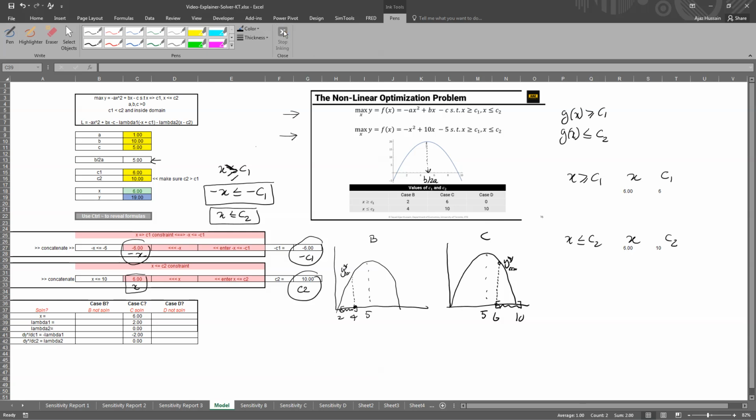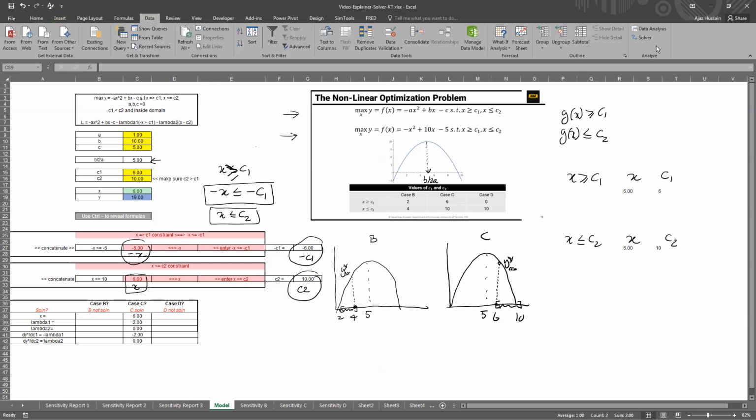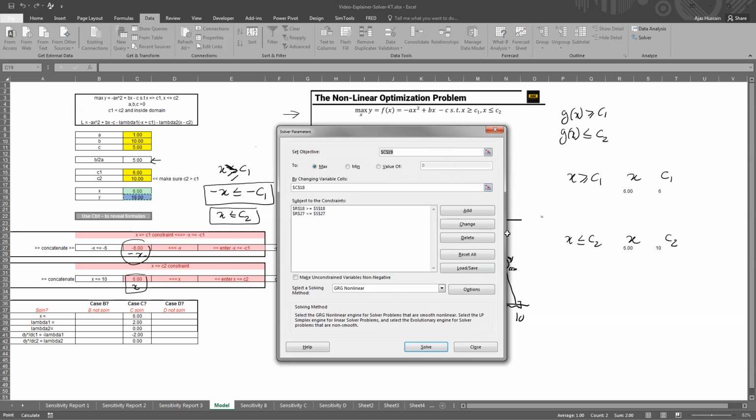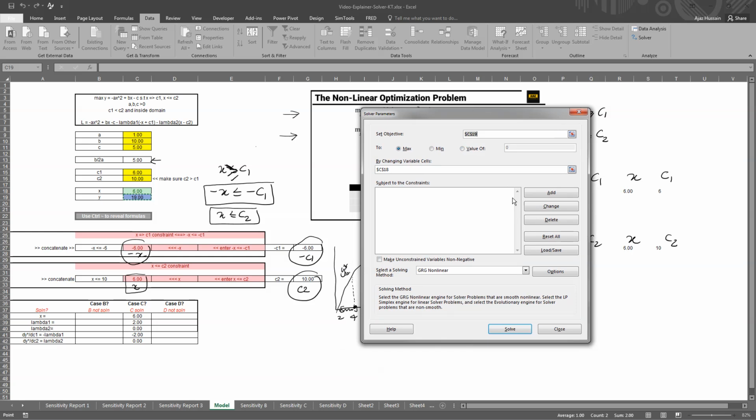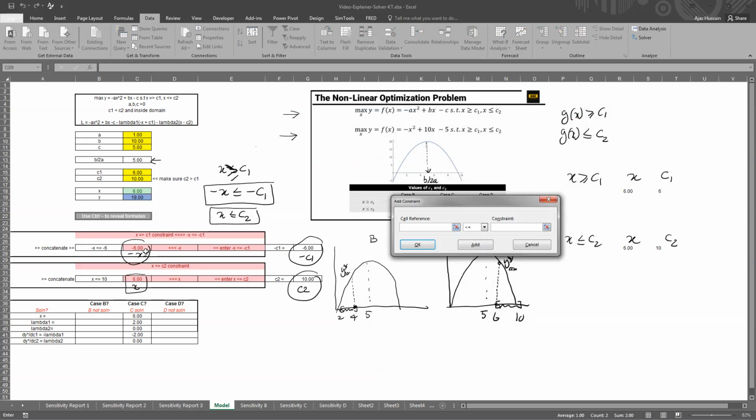I'll demonstrate this once, and then I'll turn to the sensitivity reports that I've already saved up for you. So let's delete this constraint. Let's delete that constraint. This time I want to say that minus x is less than or equal to minus c1.